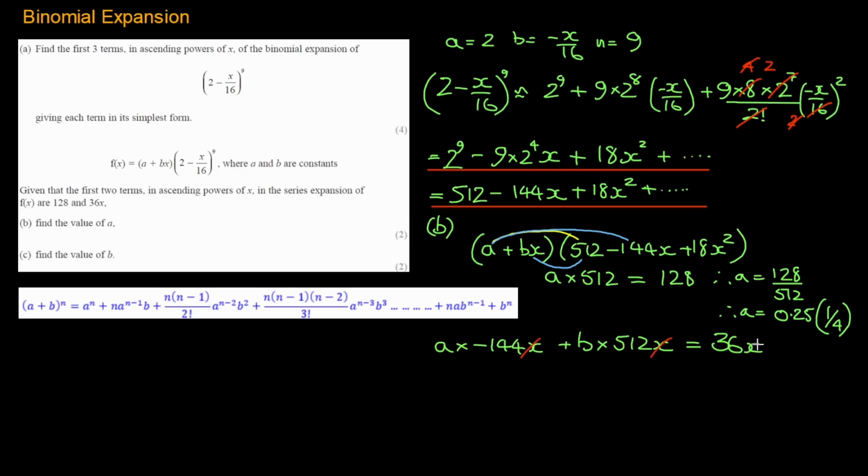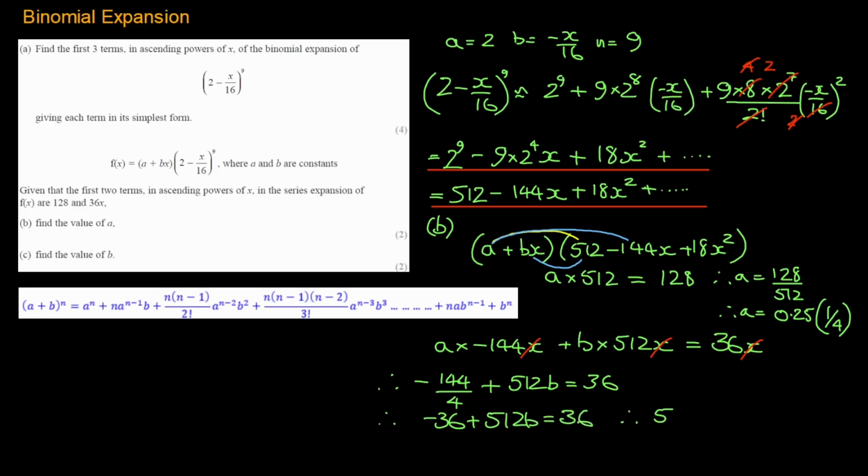X cancels all the way through, and we're left with an equation in a and b, of which we know a. So simplifying and substituting, I get therefore negative 144 over 4. That's the negative 144, and this is 1 over 4, plus 512b is equal to 36. 144 divided by 4 is itself 36, so this is negative 36 plus 512b equals 36.